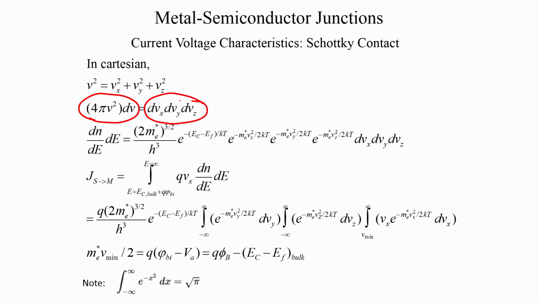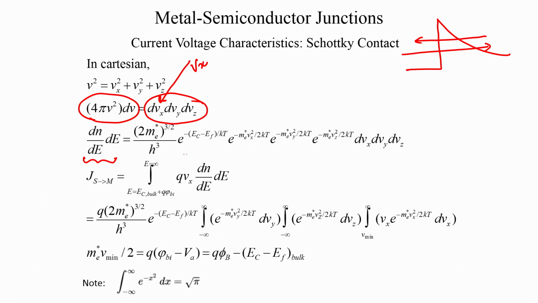So, we now rewrite this expression dN by dE into dE in terms of Vx, Vy and Vz. In particular, we want a measure of the velocity in the x direction, because those are the carriers that are going to cross the junction, and those are the carriers that are going to contribute to the current.